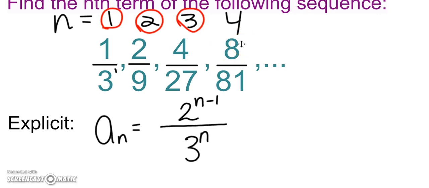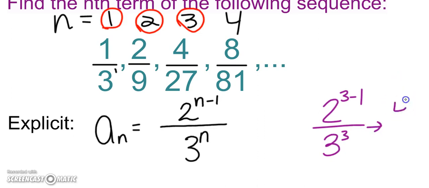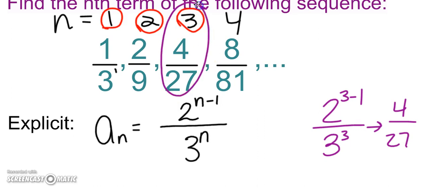Now again, these take time. You've got to justify some things in your head, and you can test them then by plugging in your values. So, if I plugged in 3, I would get 2 to the 3 minus 1 over 3 to the third. Well, that's 2 to the second, which is 4 over 27. And that is, in fact, the value of my third term.